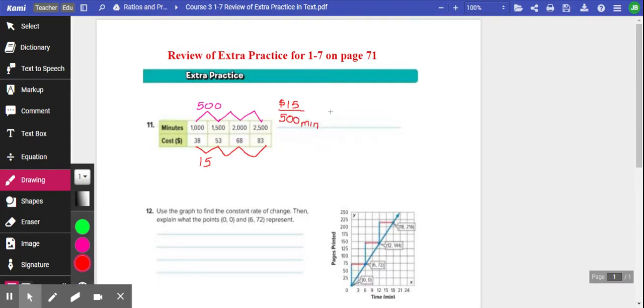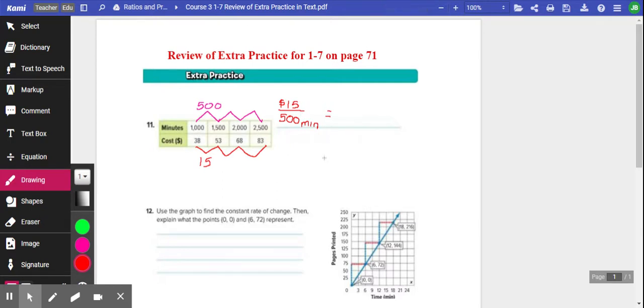Now, that's a really, really big rate, especially if we're trying to figure out what happens when we divide, or when we find out what it is per 1 minute. So what we actually do here is we realize that this is nothing more than a division problem. So we're going to go ahead and we're going to divide.